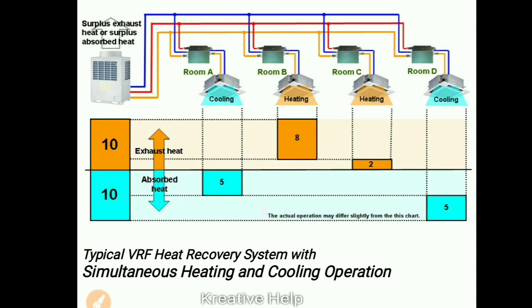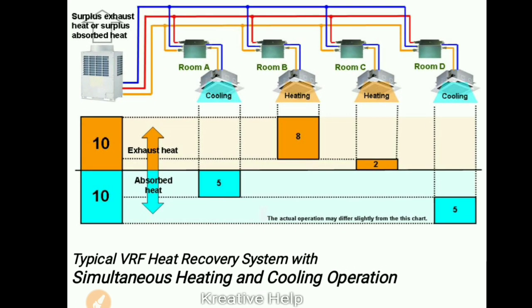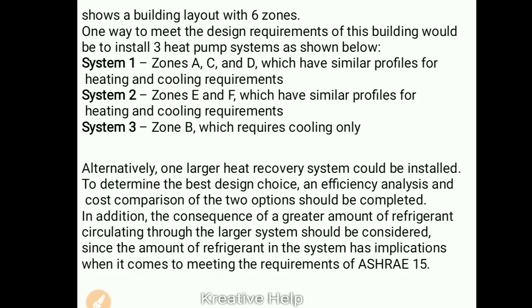And you can see the typical cooling loads here. Room, whatever the exhaust heat and requirement, and this shows the six zones of the main design requirement of the building.